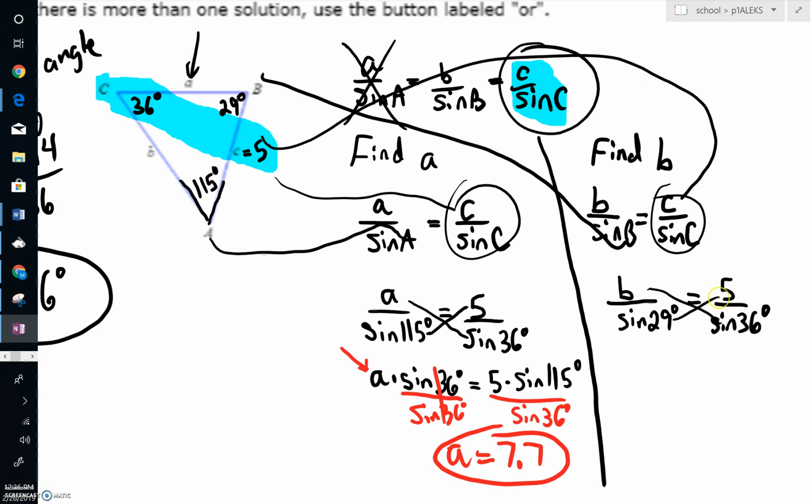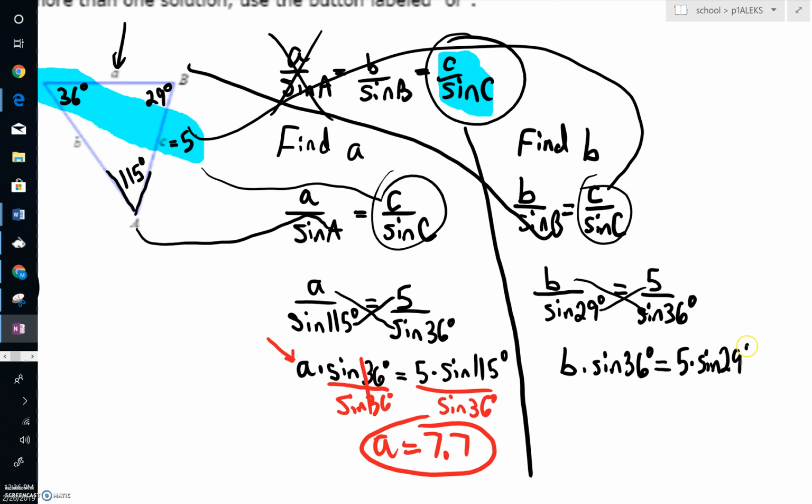I'll tell you what, we're going to cross multiply. We'll have B times the sine of 36. Set that equal to 5 times the sine of 29. And then what? Well, we're going to divide by the sine of 36.